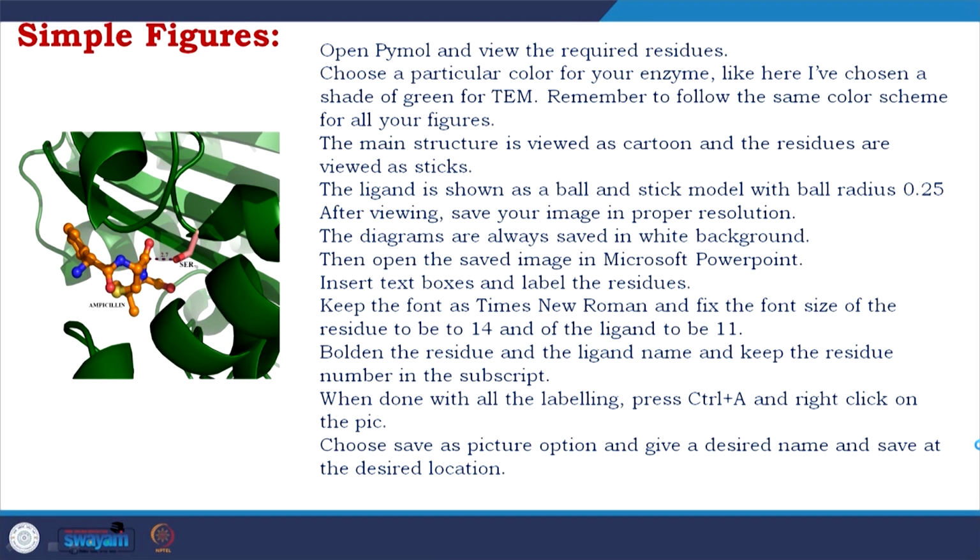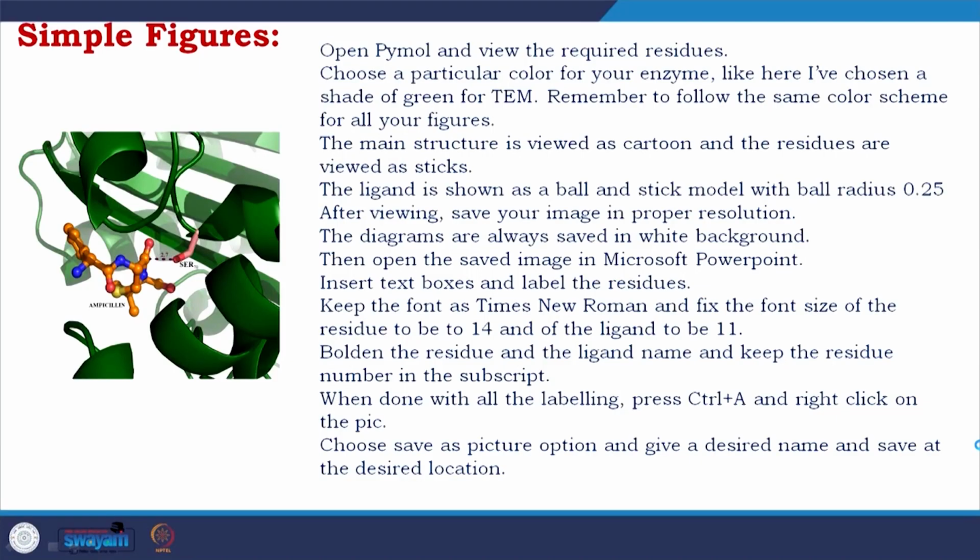Like if you have two proteins and you make them in two different colors, it is helpful to make the signs visible. The main structure is viewed as cartoon and the residues are viewed as sticks. The ligand is shown as a ball and stick model with ball radius 0.25. After viewing, save your image in proper resolution.